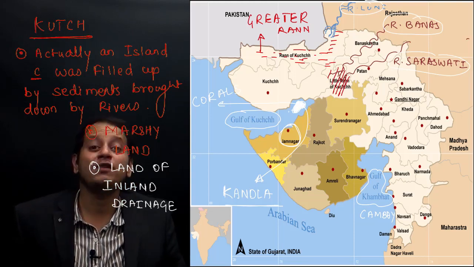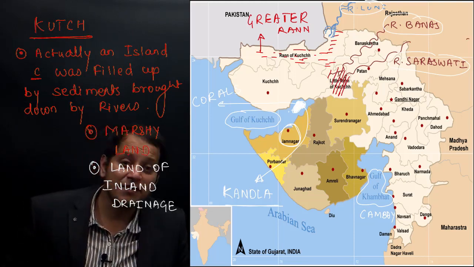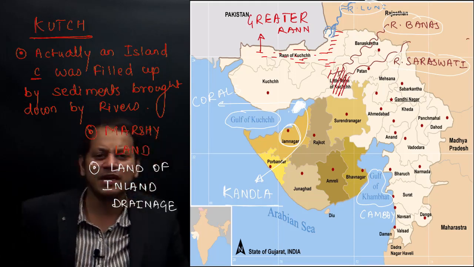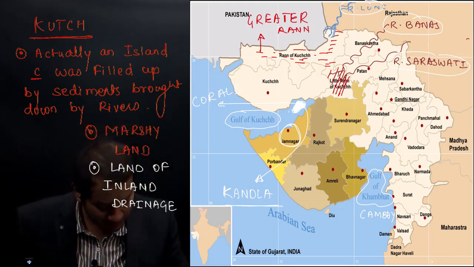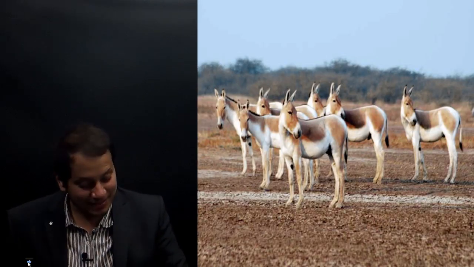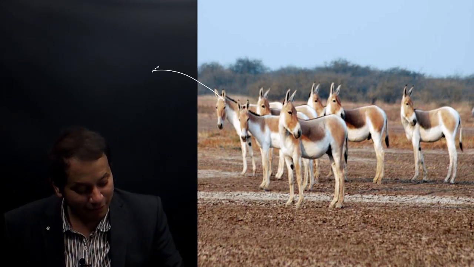Now the Gulf of Kutch region, biodiversity wise, in terms of animal life, it is famous for one thing. What is this? This is an Indian wild ass.